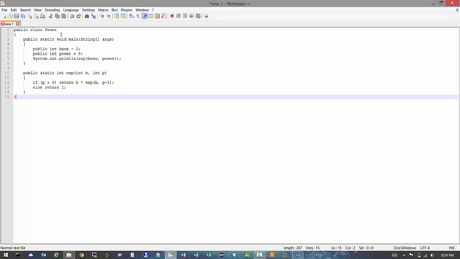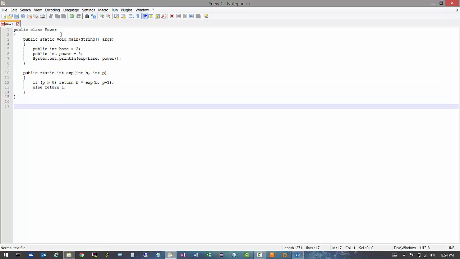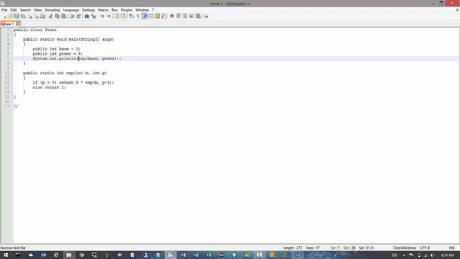So down here at the bottom, I'm going to show you how this works. Just think about the base running of the method. We're sending base and power, primitive type variables, so we're just sending the values 2 and 8 in.